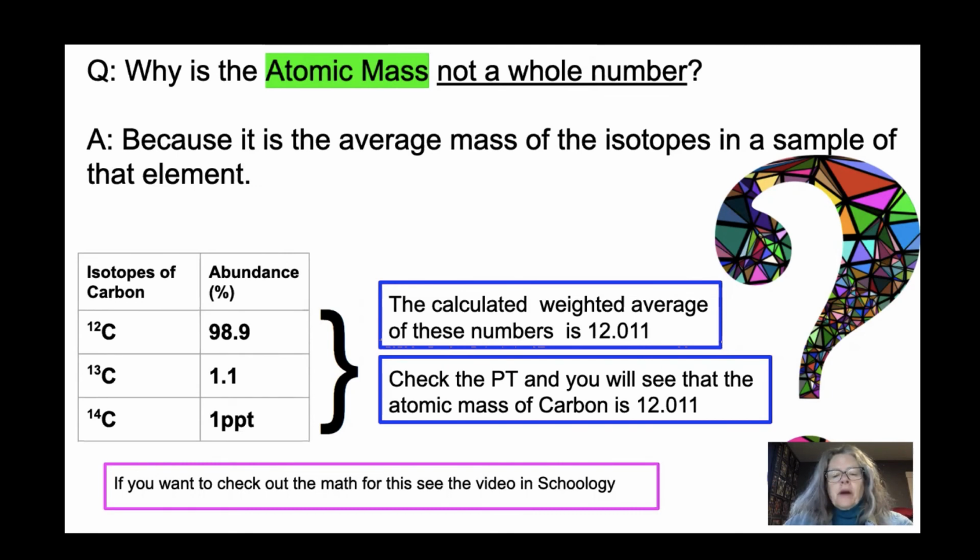If you calculate weighted averages, it comes out to be 12.011 AMUs. And if you check the periodic table, you'll see that the atomic mass of carbon is 12.011. I did show the math for this on a video in Schoology. You are by no means required to know how to do this, but if you're interested in the math, please take a look at that.